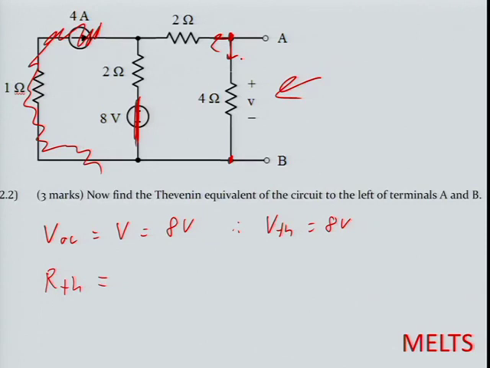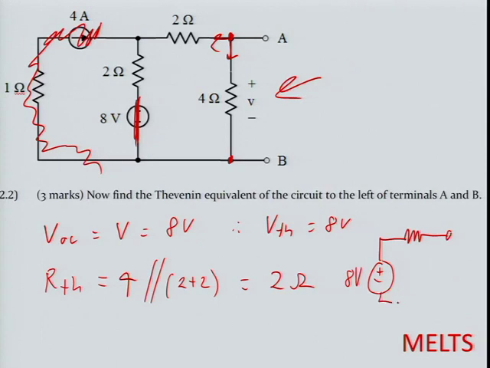So it's 2 ohms. And that would be the Thevenin equivalent circuit.